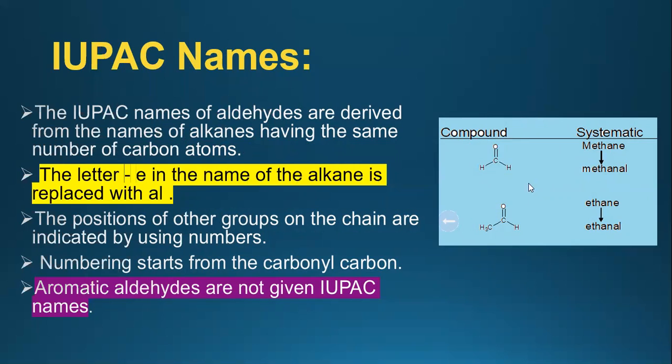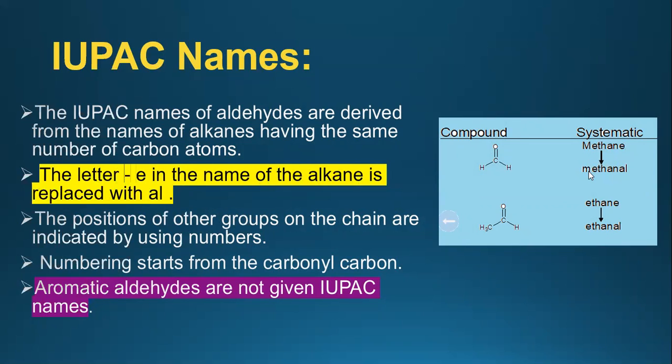For example, for one carbon, the name of the alkane is methane, and the ending letter E is replaced by Al. So for the IUPAC names of aldehydes, the E at the end of the alkane name is replaced by Al.